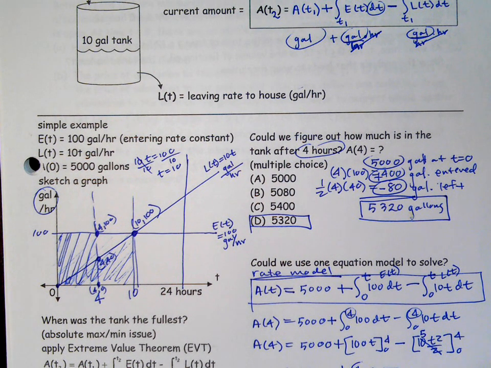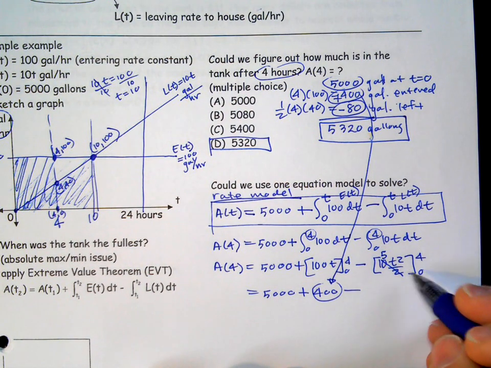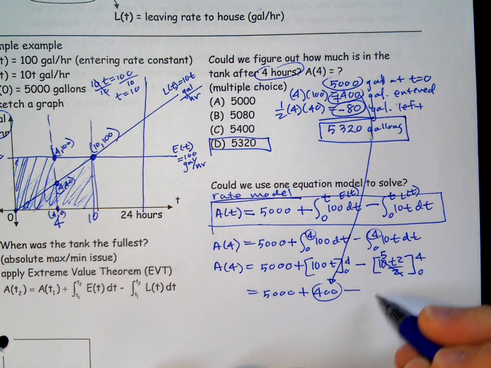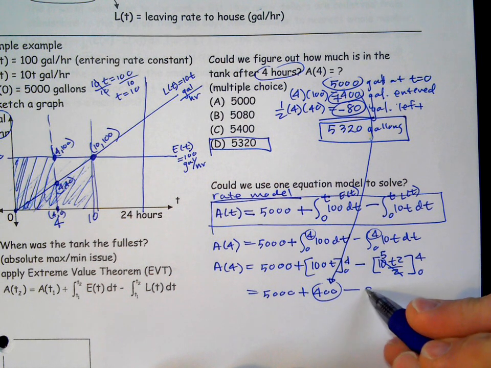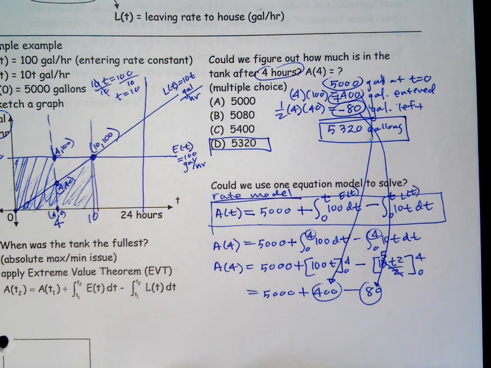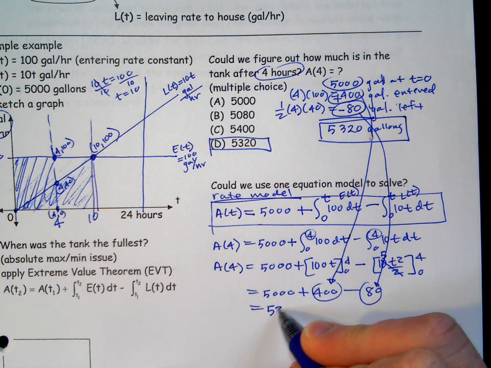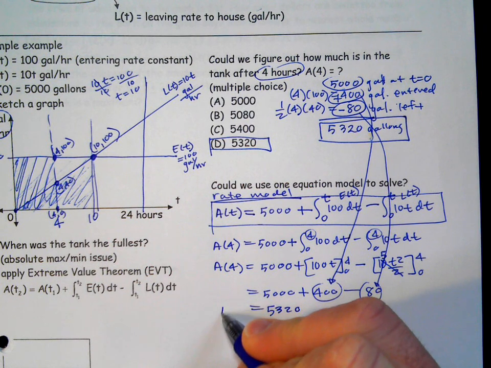And that should look familiar. That was the area under that curve. And then if you plug 4 in here, you get 16 times 5 is 80. You plug 0 and you get 0, you get 80. That should look familiar. So we're getting the same values. And so we get the same answer, 5320 for the amount of gallons.